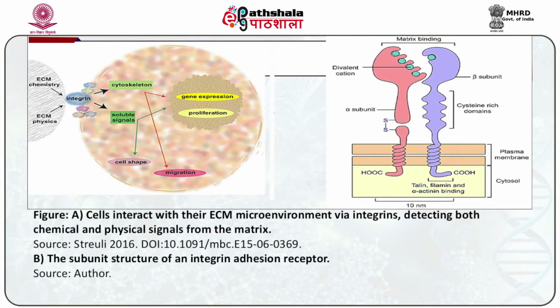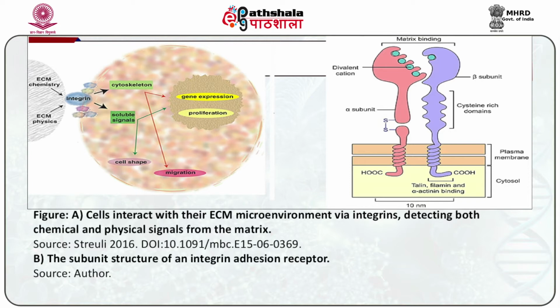This becomes conveyed via cytoskeleton and signaling proteins to determine the function of both nuclei, that is through gene expression and proliferation, and cytosol by affecting the cell shape and migration. The globular head projects more than 20 nanometers from the lipid bilayer.